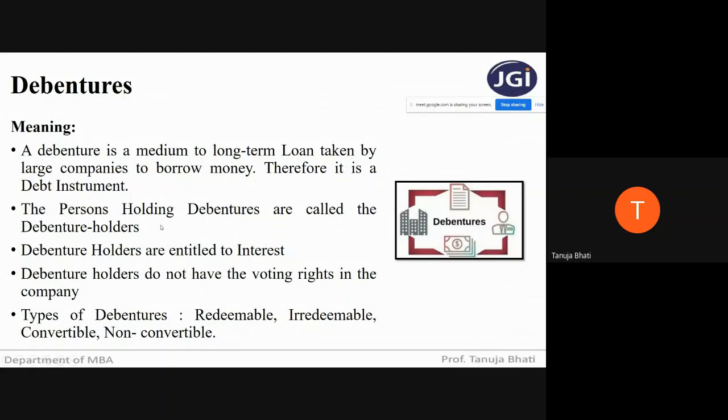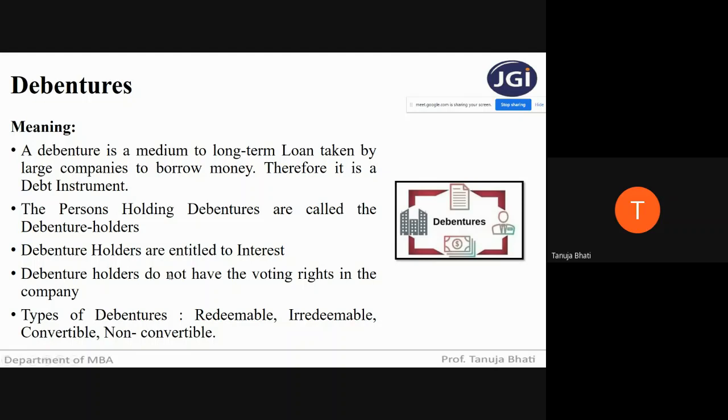The persons holding debentures are called debenture holders, and every debenture holder is entitled to interest, because no person will lend money without an intention of getting something in return. So what is the return here? It is the interest. Return in case of shares is dividend, and return in case of debentures is interest.